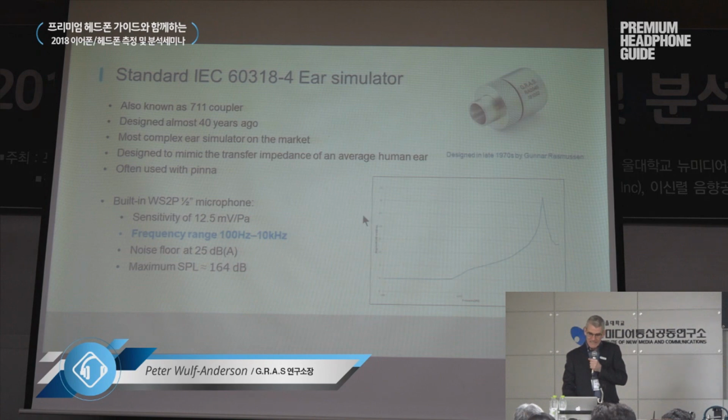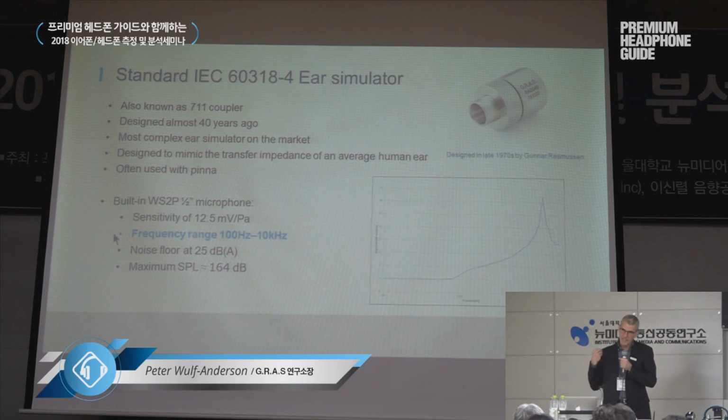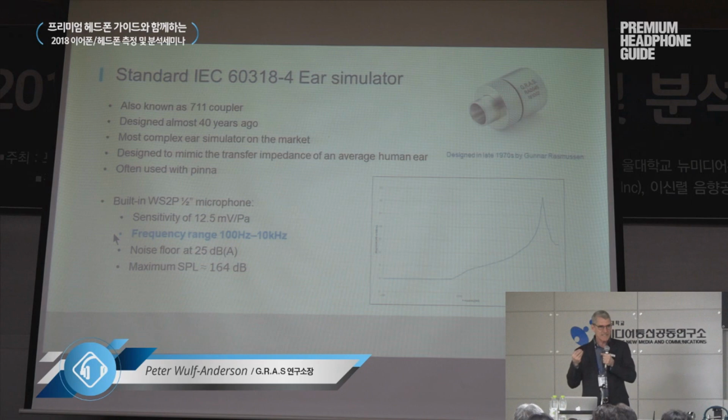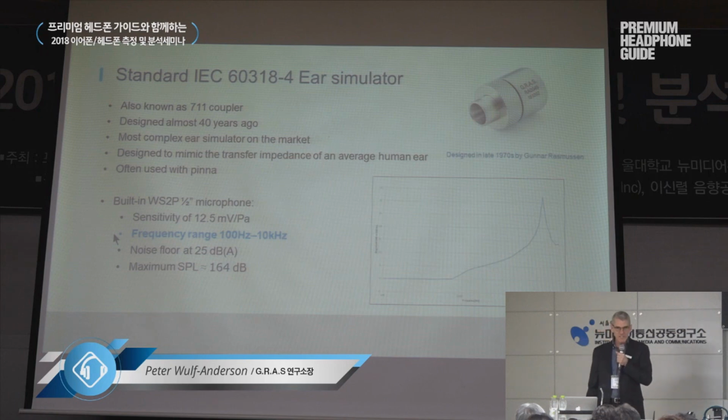And what we tried to fix in what we call our high-resolution coupler is the limitation in the frequency range, where that coupler is limited to about 10 kilohertz upwards. And according to standard, it only has a well-defined spectrum up to 10 kilohertz.